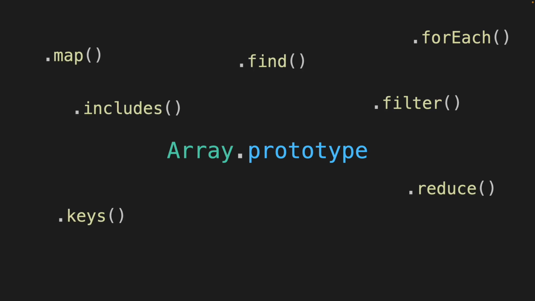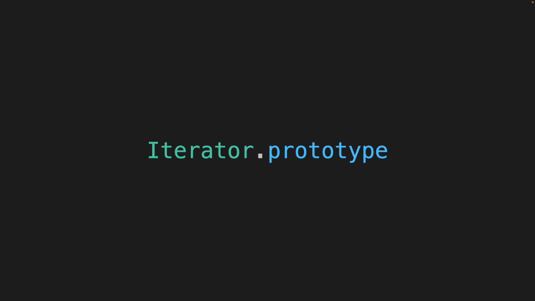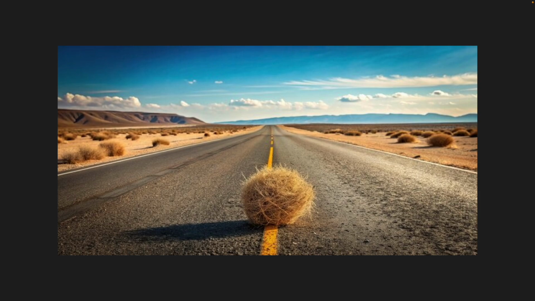Some of these we know very well and use maybe daily, like forEach, map, find, filter, includes, reduce, keys, and some of the newer ones, flat and flatMap. And then there's the iterator prototype, which also got added back then. And this prototype has the utility function next. That's kind of all of the utility functions you have on the iterator prototype, and there's not really much else.